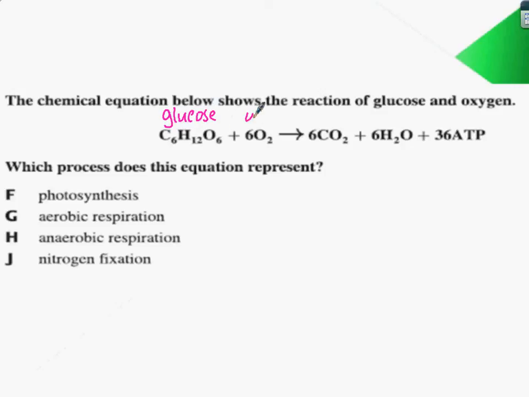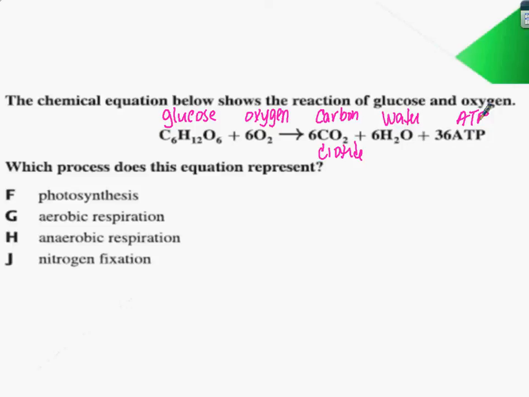We know that O2 is oxygen. We've dealt with that enough. You know this is carbon dioxide. You know this is water. And we've always called ATP, ATP. And so, which of the processes does this equation represent?